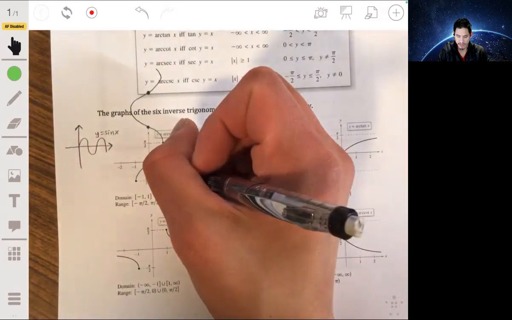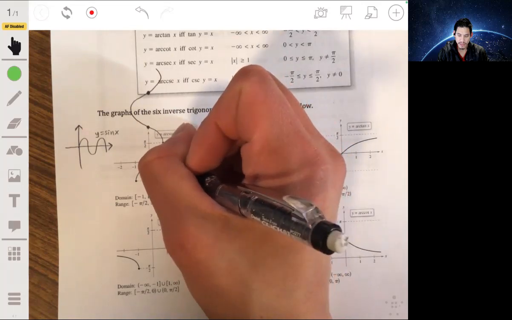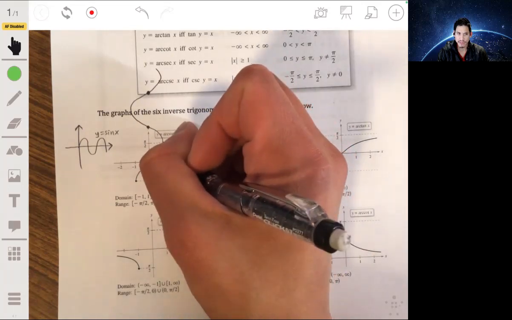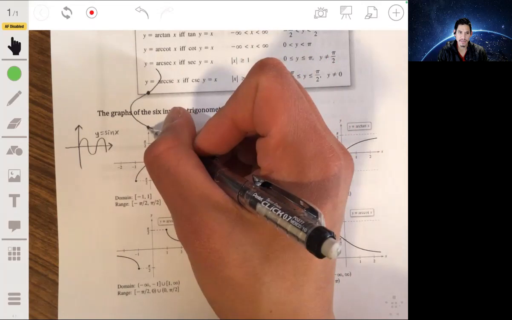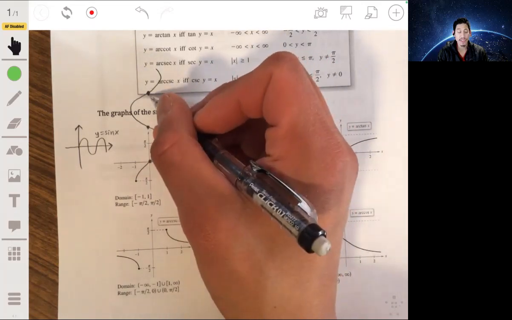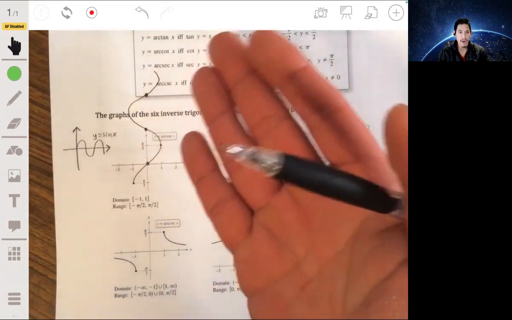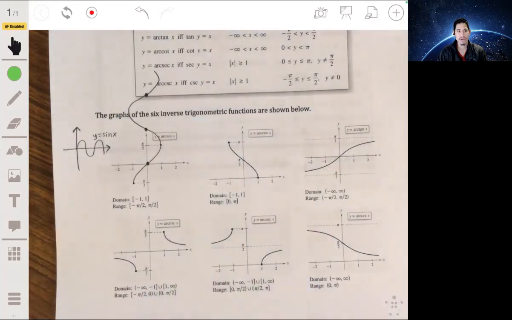So for this example, an x value of 0 would be here, and it would give you a y value of 0. But this point also has an x value of 0, and it gives you a different y value. And this point also has an x value of 0, and it gives you an even different point. So this would just go on forever, and you would have an infinite number of y values for the same x value of 0.